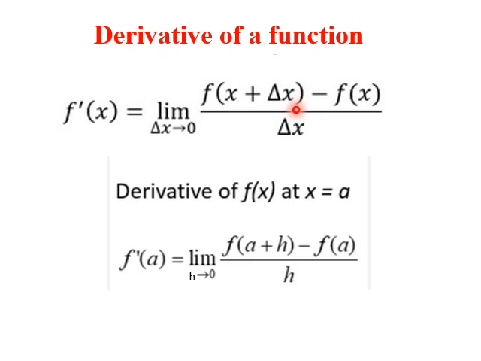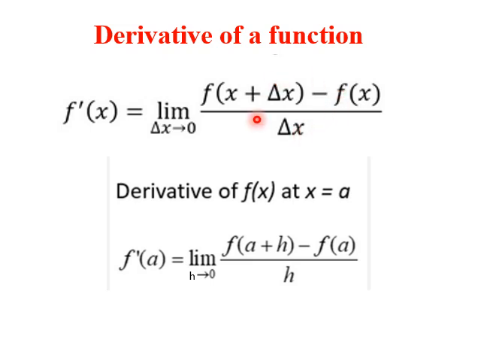So it is a small value which is near to x, and x plus delta x will be a small point near to x. What are we doing here? We are finding the function value close to x, subtracting the function value at x, and dividing by that difference. So a derivative is something like a rate of change.